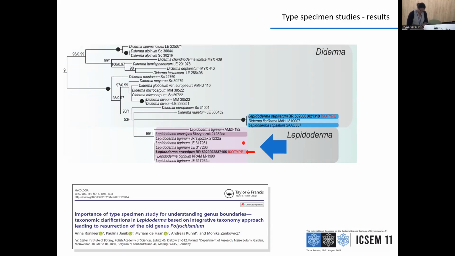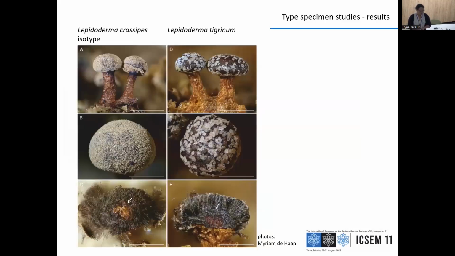So you can see that they are really exactly the same. And also based on morphology, again, the only difference between these two species is the structure of the peridium. In the case of Lepidoderma crassipes, its peridium is covered by sand-like, very small, tiny scales, and Lepidoderma tigrinum, yes, you are familiar with this species, I guess, has star-like plates.